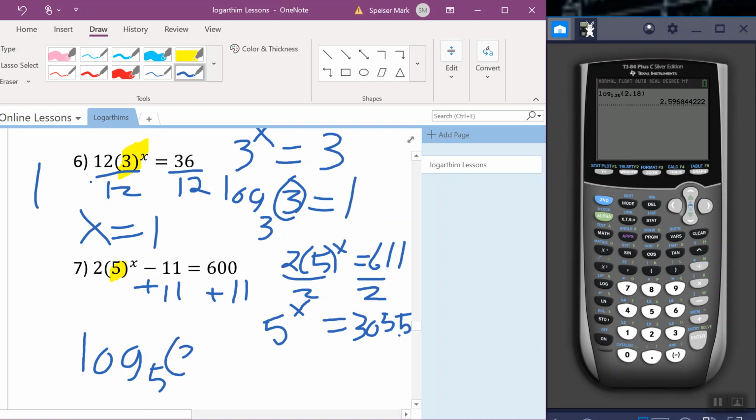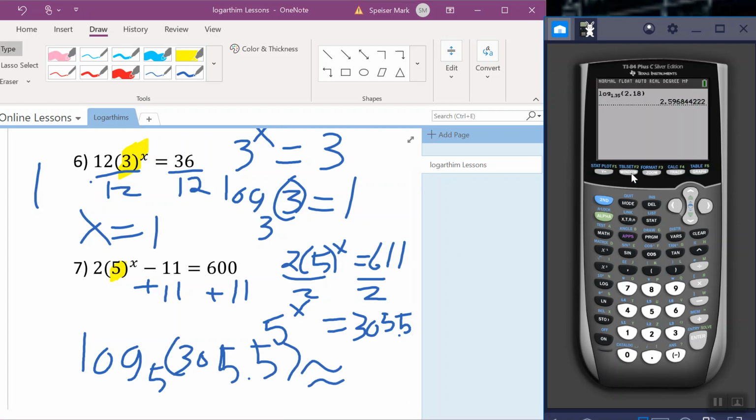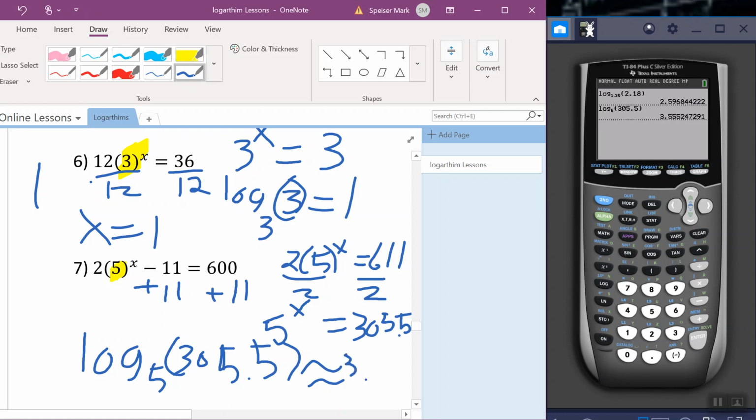Log of base 5 of 305.5 will give you your x value. So you hit alpha window, option 5, log of base 5 of 305.5, and you get 3.555. Always make sure to put approximately, so x in this case is approximately 3.555.